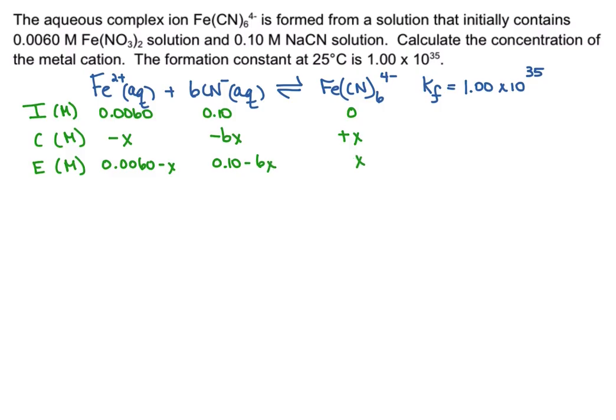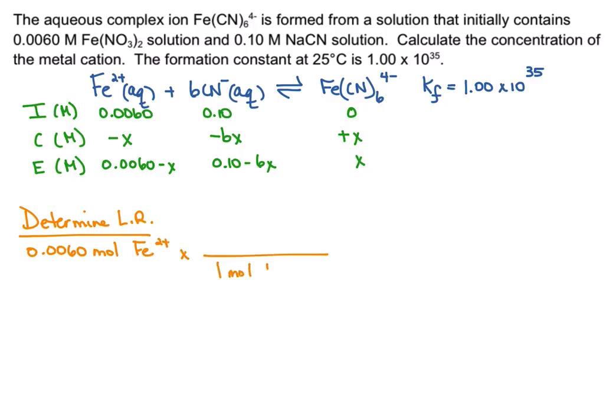We have two reactants, so we're going to have to stop and determine the limiting reactant. You can do this in your head at this point, or you can go ahead and show your work. So for every 1 mole of iron 2 plus, I have 1 mole of the complex.